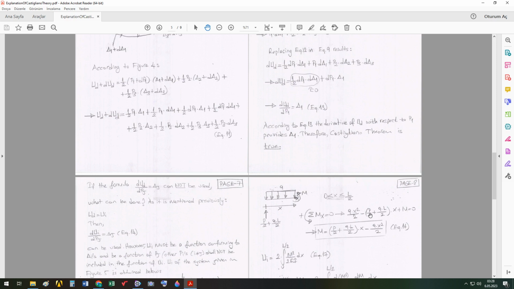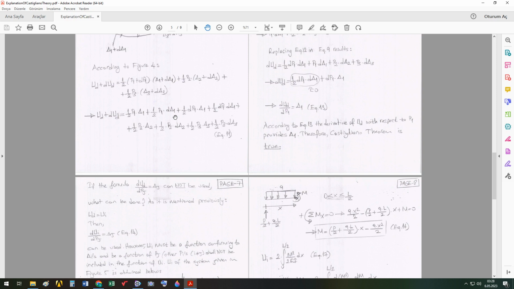When I take a derivative with respect to P, this term will be zero, because it does not include any P. But this term would be P over 2 times something, because it includes P. P, Q are independent, but deltas develop because of external loads, P's, Q's, external moments.